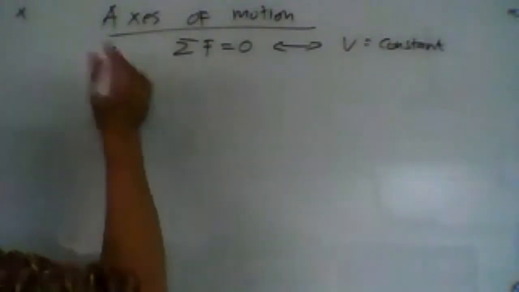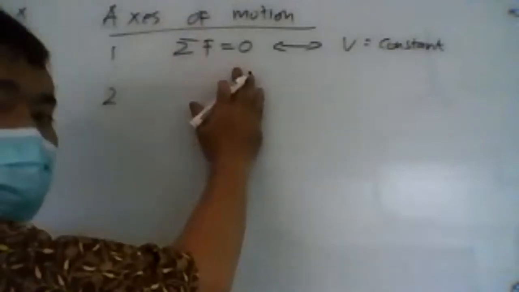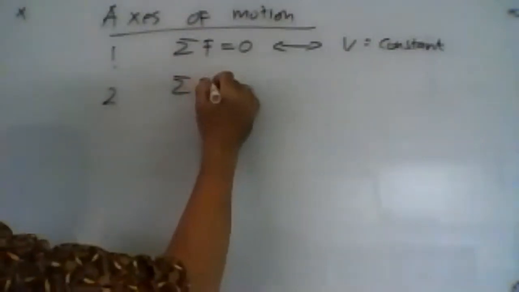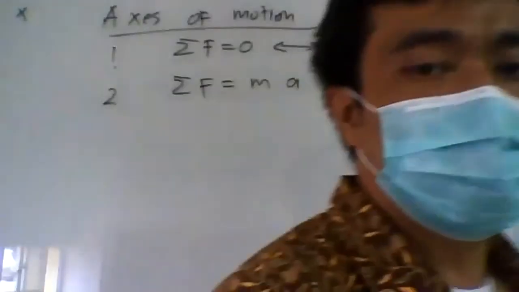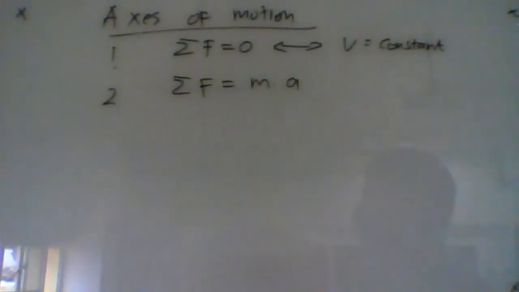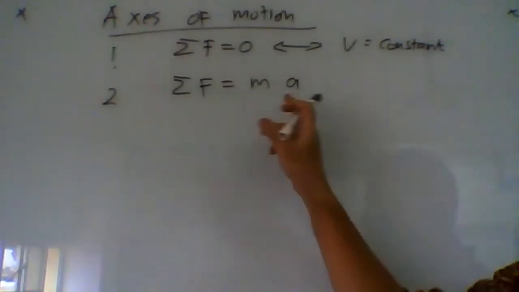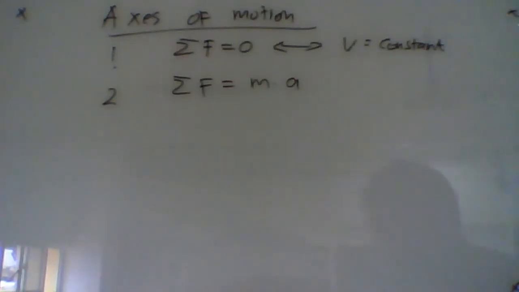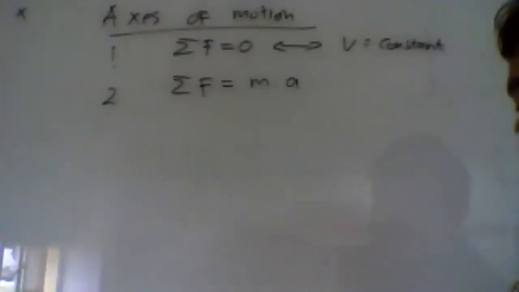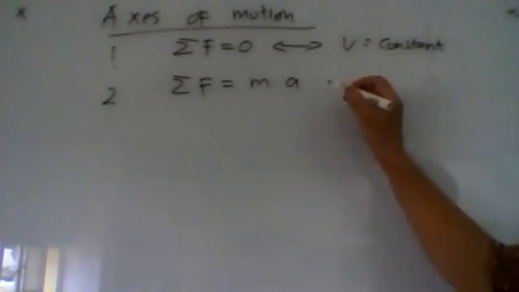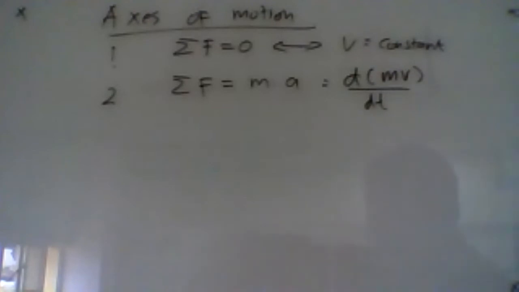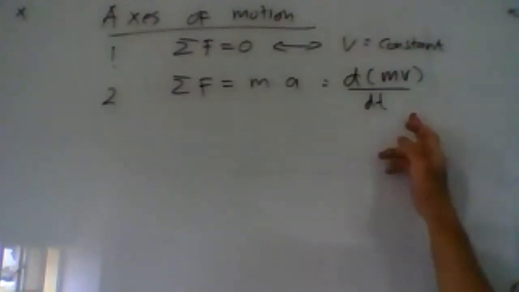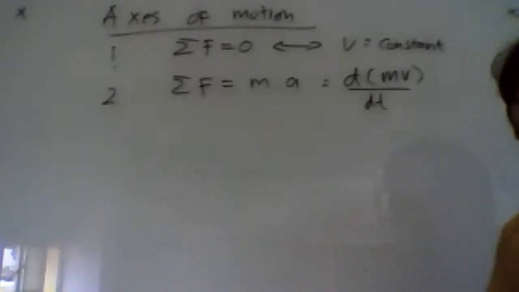Now, Newton's second law. What if the sum of the forces is not zero? Newton's second law says that the sum of the forces is mass times acceleration. But this is the newer formula. In the past, we used d(mv)/dt. This is the formula that Newton himself wrote in his book.